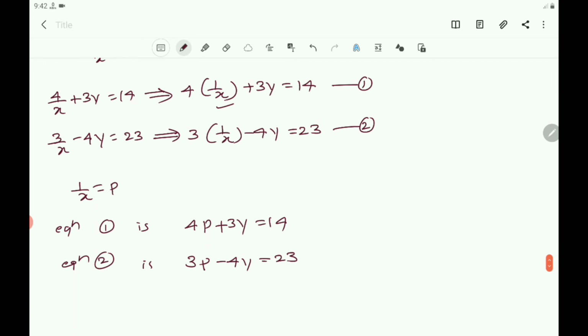This is the third equation and this is the fourth equation. The first one is nothing but the third, and the second one is nothing but the fourth here.